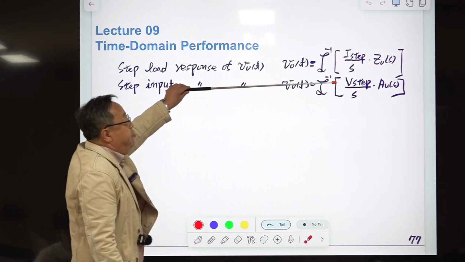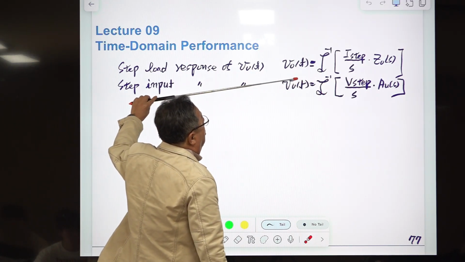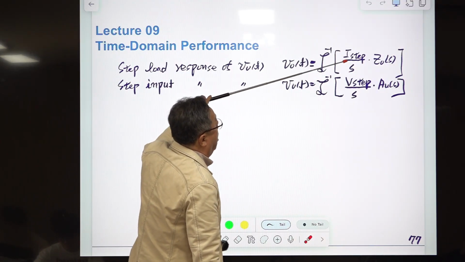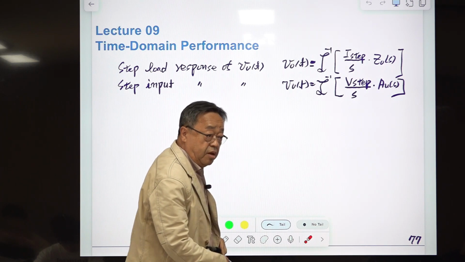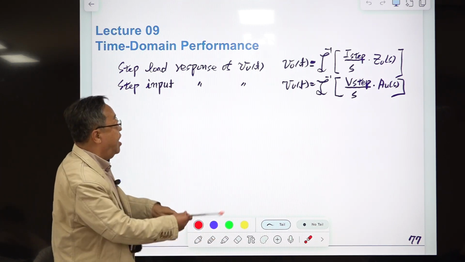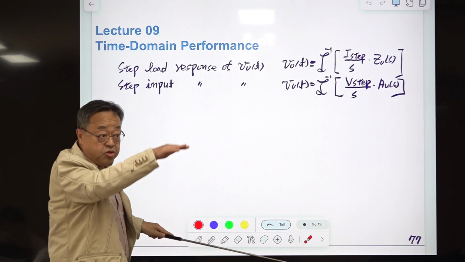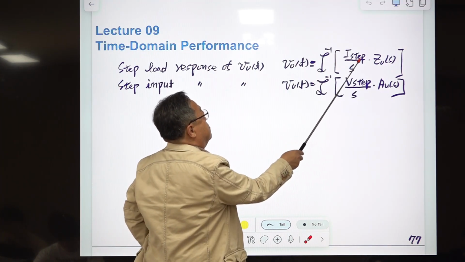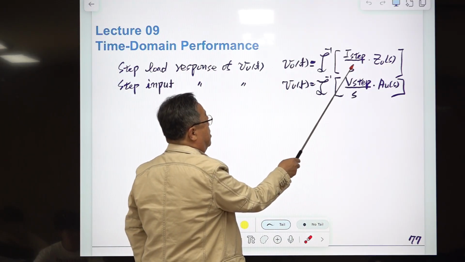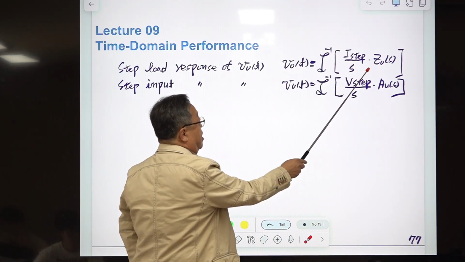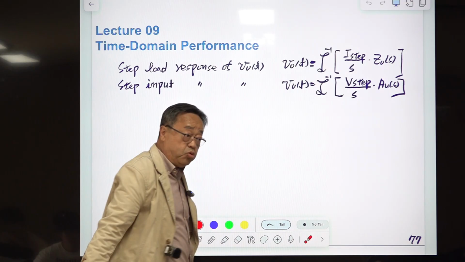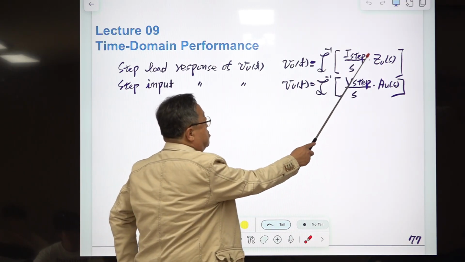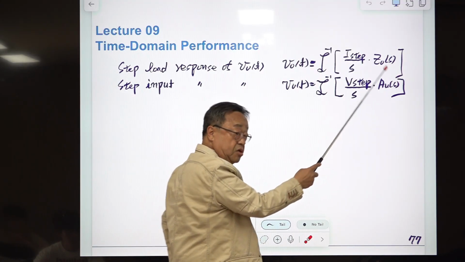This is the equation you're going to use. This is the output voltage, and this is the S-domain expression of the step change in the load current, where the magnitude of the step change is I step. Because of the step function, S comes in the denominator. The output impedance is a closed loop transfer function from load current to output voltage. So this is the disturbance source, and this is the transfer function.